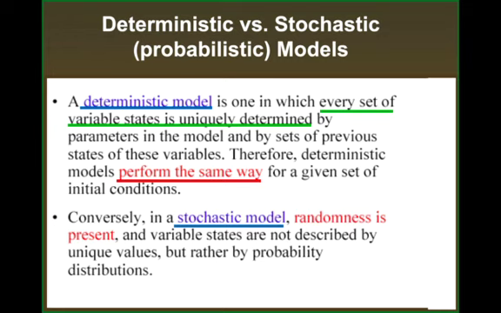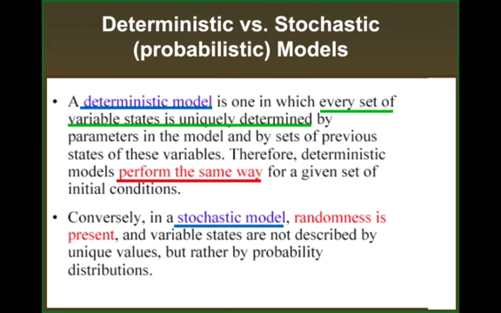You might remember that we used the words deterministic and stochastic a few lectures ago when we were talking about the extinction vortex. In this context, they're a little bit different, but a deterministic model is one in which every set of variable states is uniquely determined.